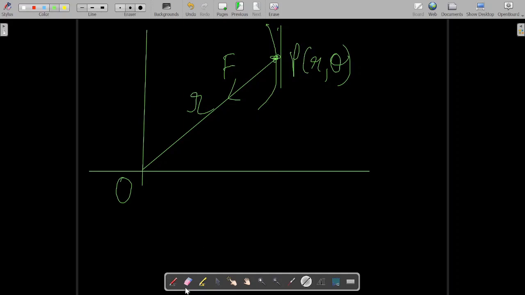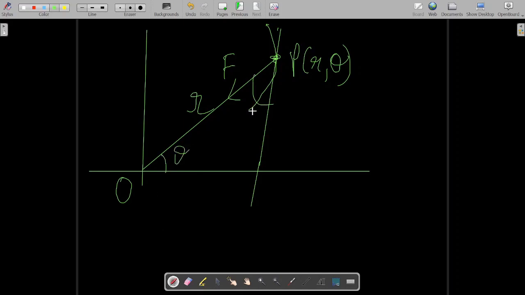Let me draw it properly. Let's make the curve a little bit like this so that I can draw it properly. Yes, this is your tangent. This is your theta as already described.